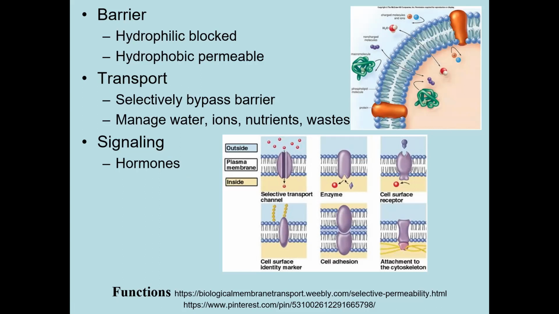And the reason they can do this is because there are receptors that are built into the surface of these plasma membranes that allow them to respond to that communication, and then for that effect to take hold inside of those cells.